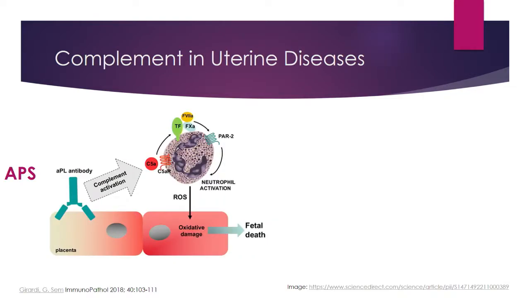So what we do know for sure is that complement has a role in thrombotic disease in certain disease states involving pregnancy. These are studies that have clearly shown that in patients with antiphospholipid antibody syndrome, their antibodies activate complement, leading to C5a that binds to C5a receptors on neutrophils, which then upregulates tissue factor activity and leads to oxidative damage that ultimately contributes to fetal death.